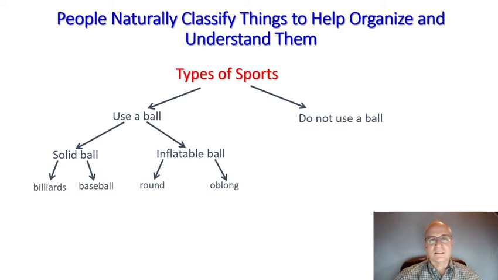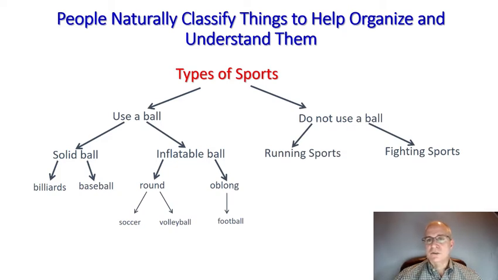So, for instance, sports that use a solid ball would include billiards and baseball. Whereas for those that use an inflatable ball, some of them are round and some of them are oblong. We could further classify those. The round ones would include things like soccer and volleyball. The oblong ones would include football and rugby.